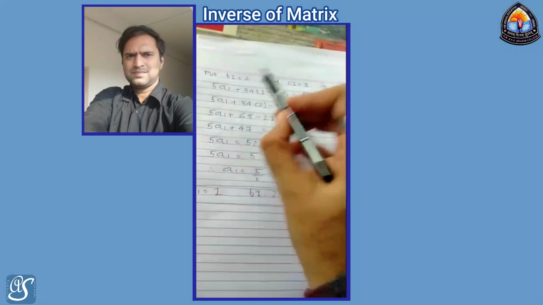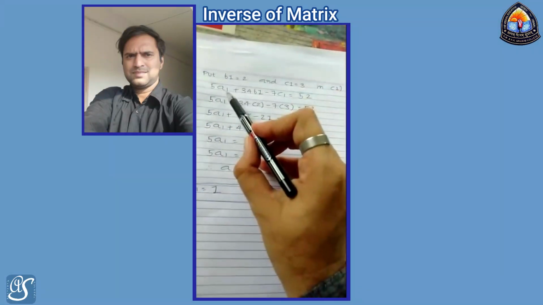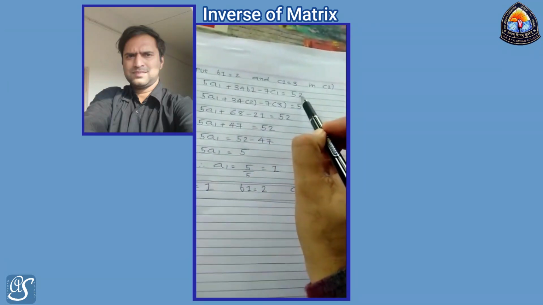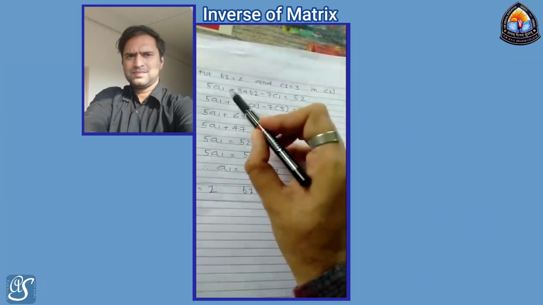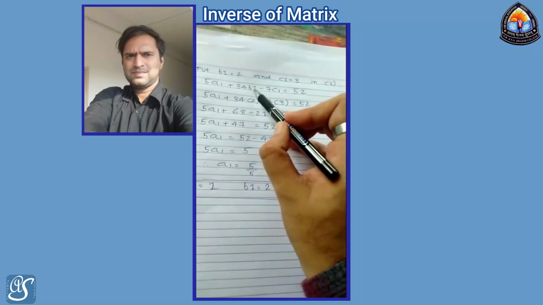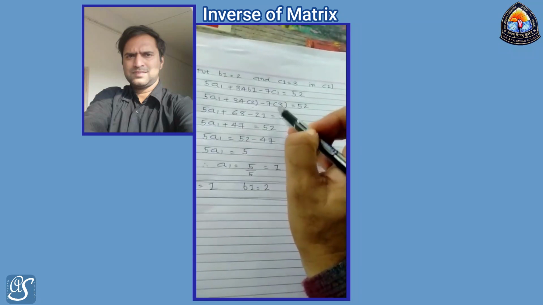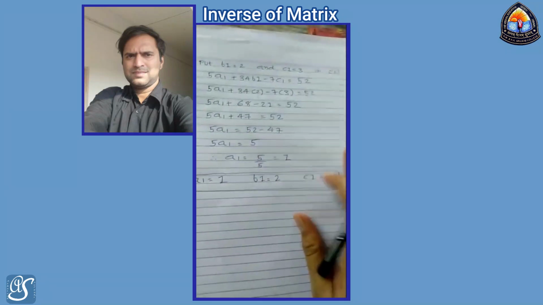Now put B1 is equal to 2 and C1 is equal to 3 in the first equation. So 5A1 plus 34B1 minus 7C1 is equal to 52, which is our first equation. Now put the value of B1 and C1 in this equation. So 5A1 plus 34, B1 is replaced with 2 and C1 is replaced with 3. So 5A1 plus 34 into 2 minus 7 into 3 is equal to 52.